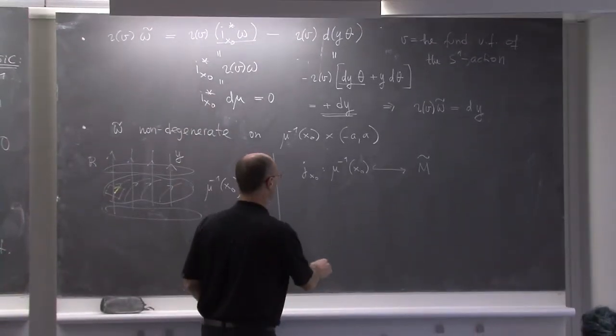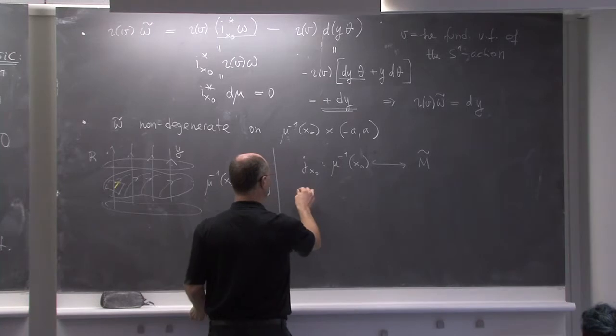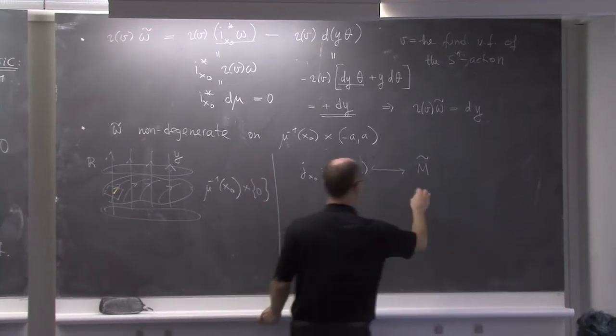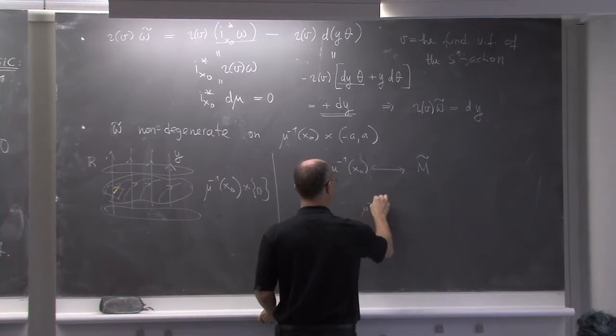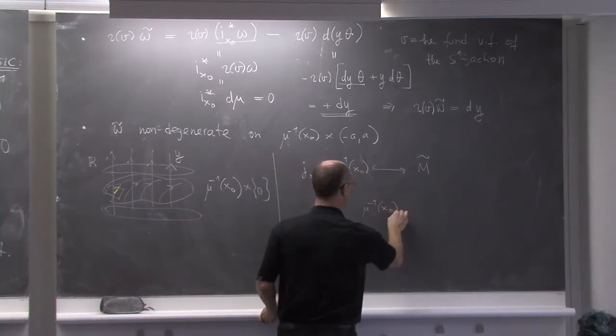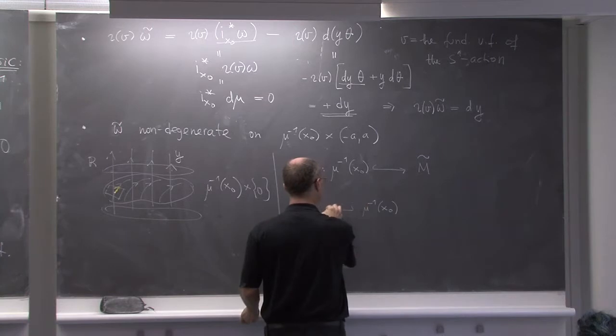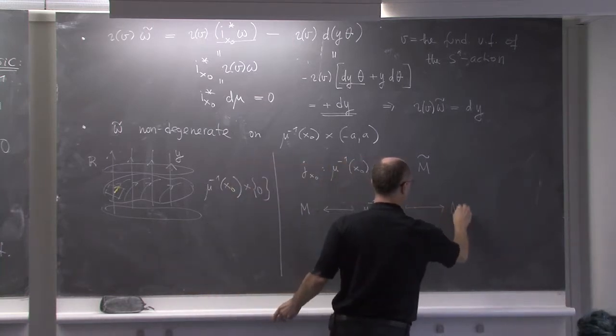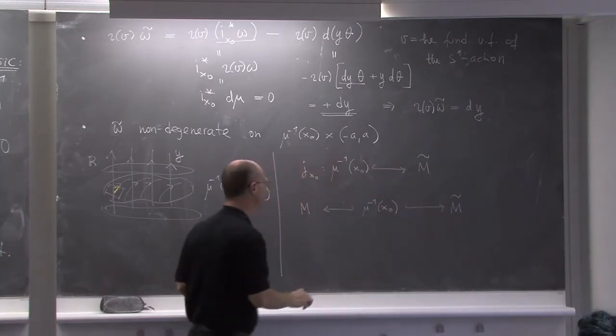So then note that by definition we have mu minus 1 of x0 embedded in M and embedded in M tilde.